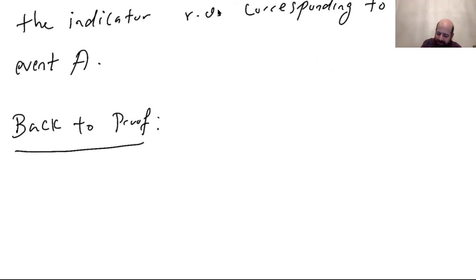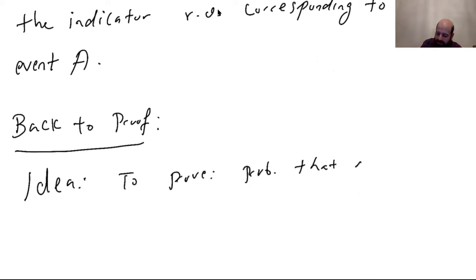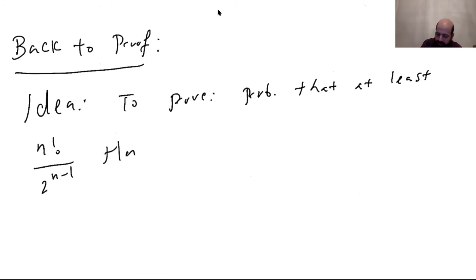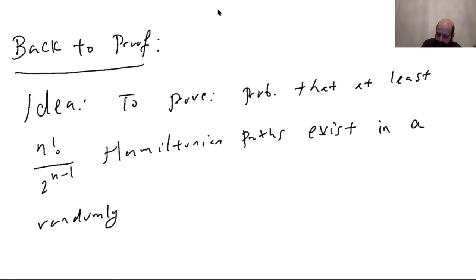So the idea is to prove that the probability that at least n factorial over 2 to the power n minus 1 Hamiltonian paths exist in a randomly oriented complete graph K_n is positive.